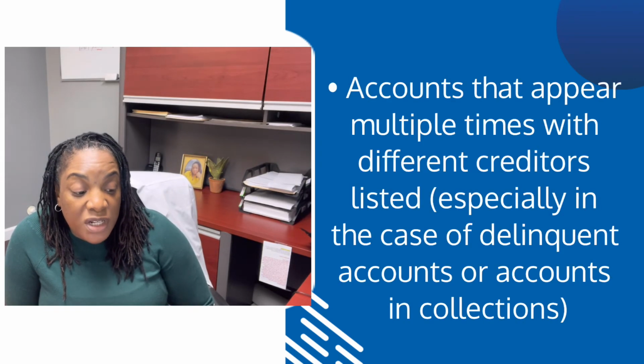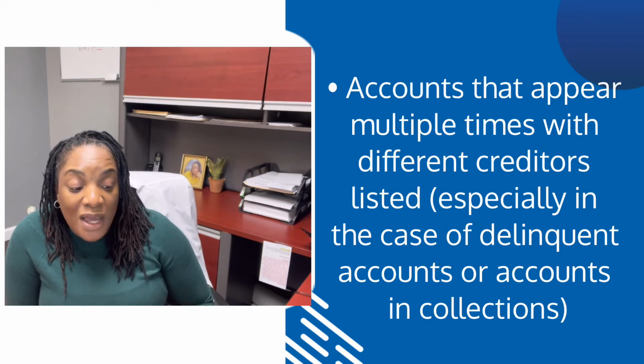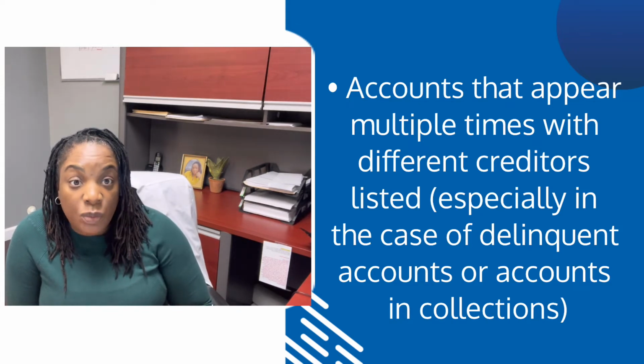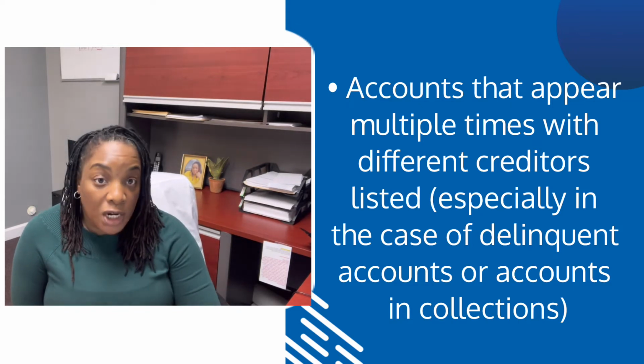But right now, the second data management error that is very common: accounts that appear multiple times with different creditors listed, especially in the case of delinquent accounts or accounts in collections. Collection agencies make so many mistakes when they're reporting your collections and your debt.